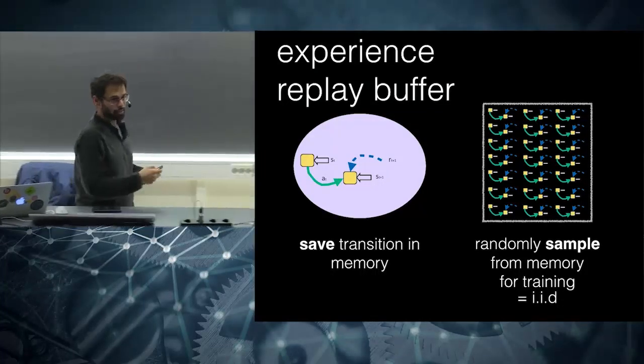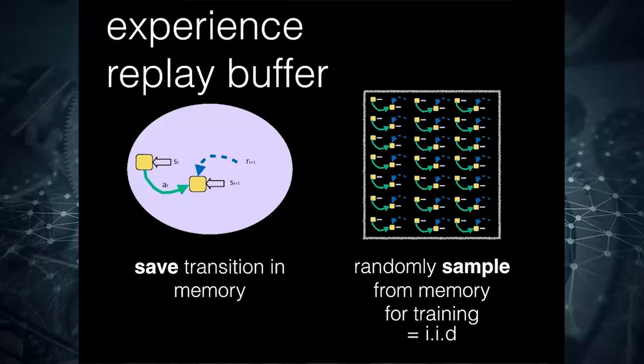The agent samples that experience over and over from that buffer and creates batches for training the neural network in essentially a supervised way. This is needed because it makes the data more IID, and that is something that is needed for supervised learning.